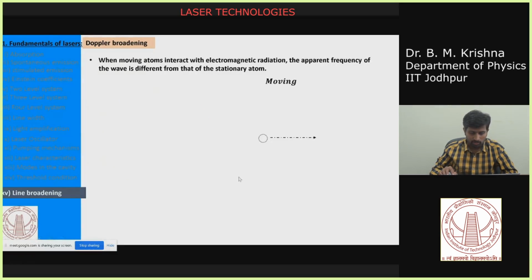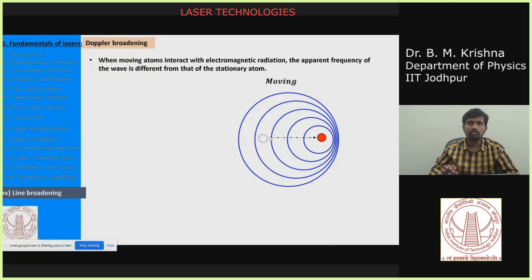The same thing happens when a train is going away from you or coming towards you; you can observe the change in the sound frequency. This effect is called the Doppler effect, and the same thing happens for light waves also. Because of the movement of the particles, or the atoms in our case, the apparent frequency will be different.